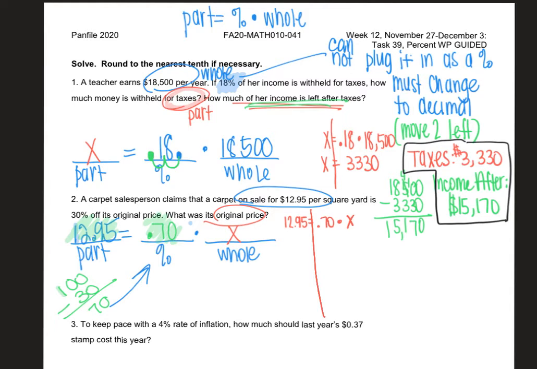Now what we talked about in our proportion section is that when you have something attached to X, you undo it by doing the opposite. So 0.70 times X, so we are going to divide both sides by 0.70. We're going to cross them out on the right and it leaves us with X. And when I do the $12.95 divided by 0.70 on the left, I get 18.5.